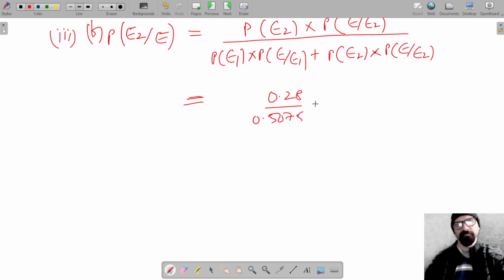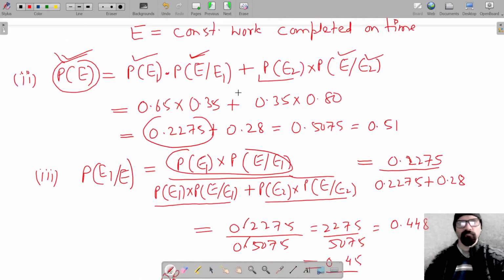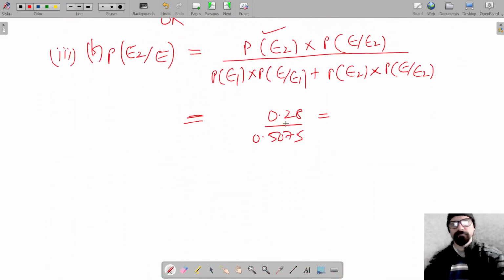So the probability of E2 into the probability of E by E2 is 0.35 into 0.8, which is 0.28.